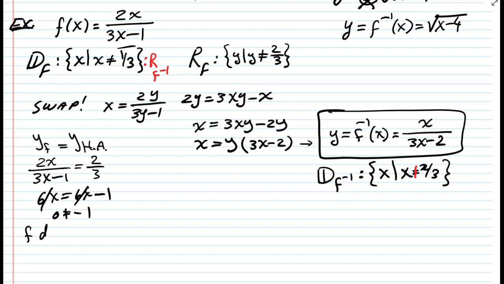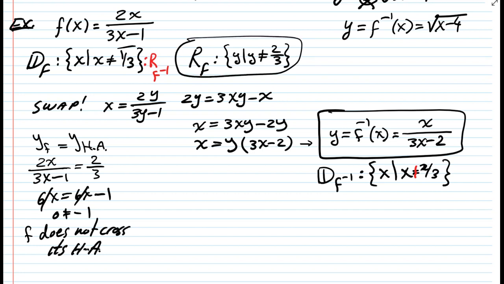The f does not cross its horizontal asymptote. Well, if it doesn't cross, then that means it's not included, right? We can get that right off of this one. All right. Now, therefore, let me adjust the range of the inverse function.